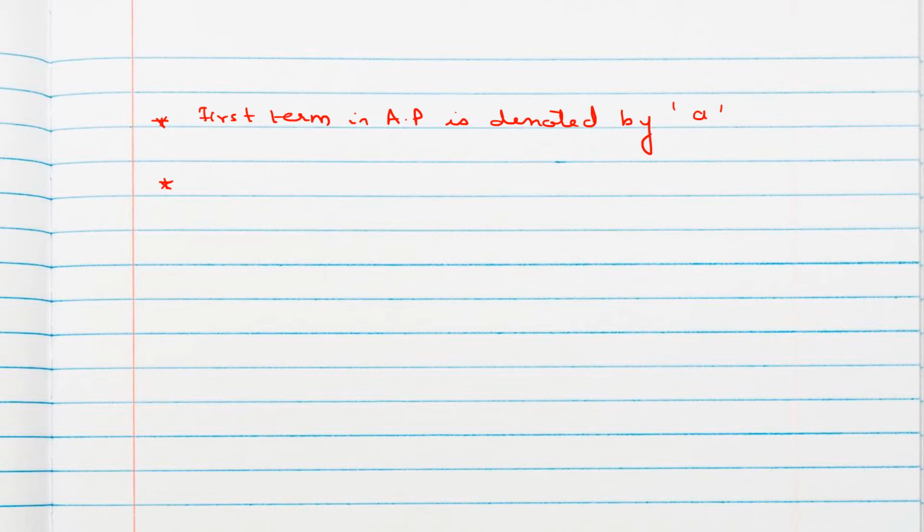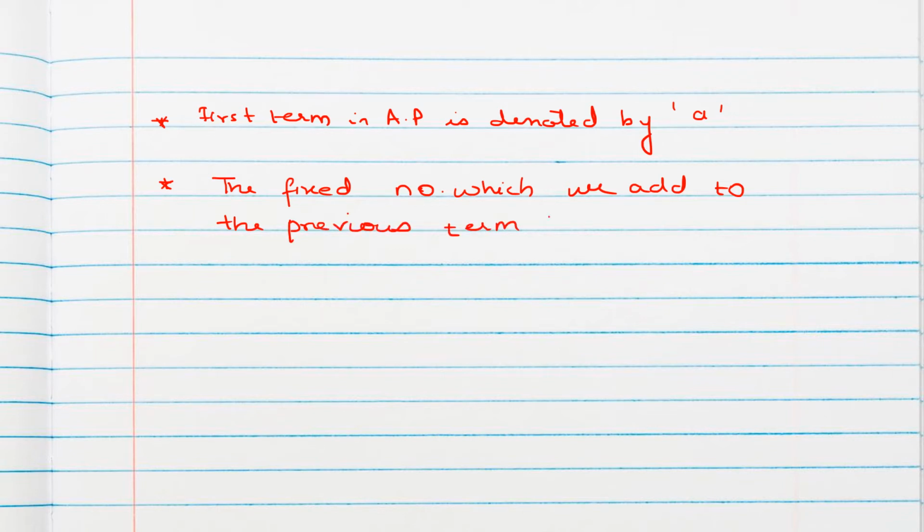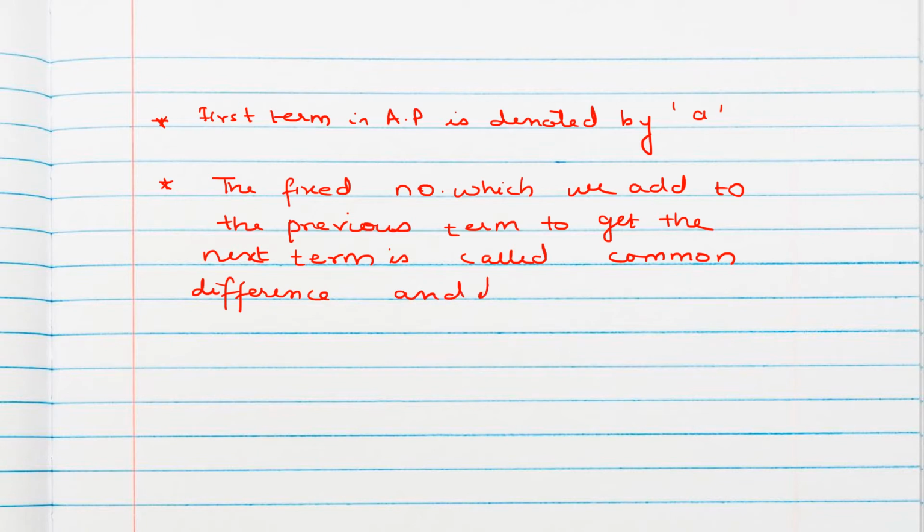Okay, and the fixed number which we add to the previous term to get the next term is called the common difference, and it is denoted by small d.